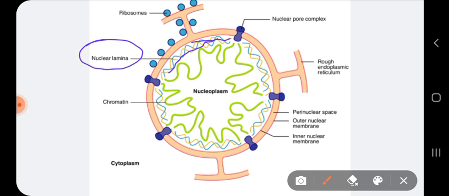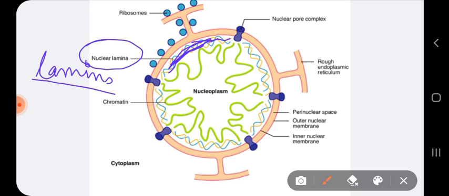Okay, and the proteins which make this nuclear lamina are called lamins. Lamins are a type of intermediate filament protein.